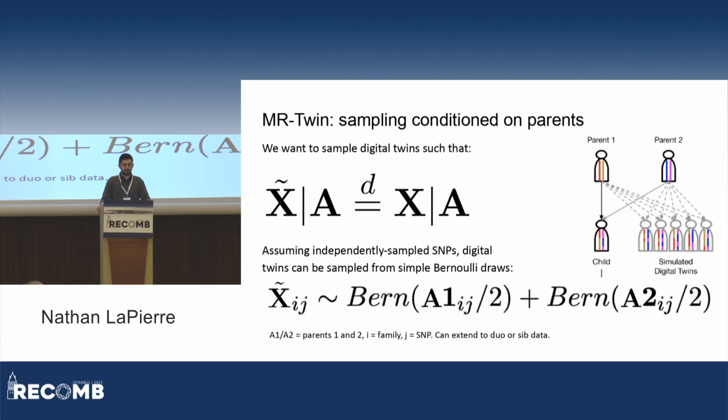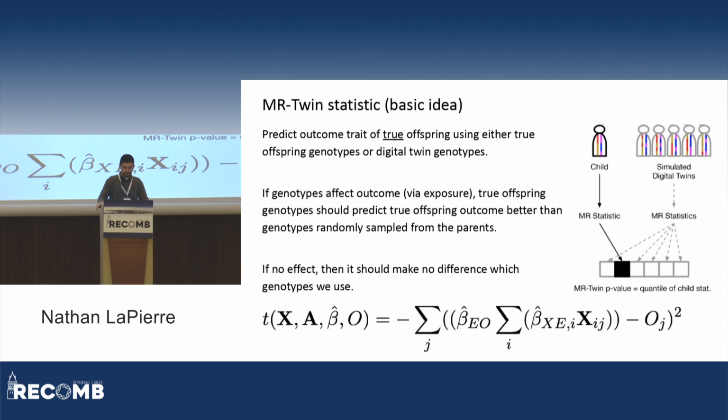But one of the nice things about Mendelian randomization is that usually you run a GWAS for the exposure trait, and then you pick a tag SNP for independent loci across the genome. So you have this set of independent SNPs, and we don't have to worry about phasing and recombination. We can just do a simple Bernoulli draw from the parental genotypes. If a parent has a 2 genotype, you're definitely getting a 1. If a parent has a 1, you have 50-50 odds of getting a 0 or a 1, and so on. So it's simple and fast.